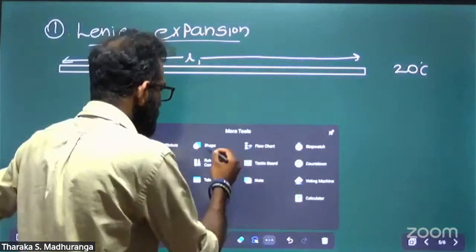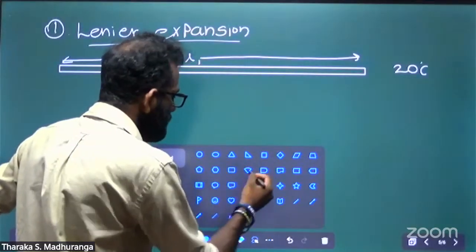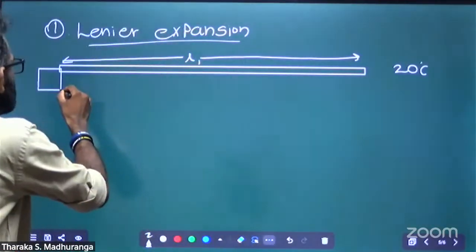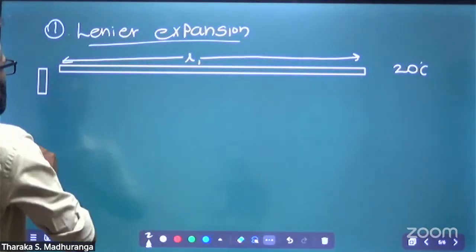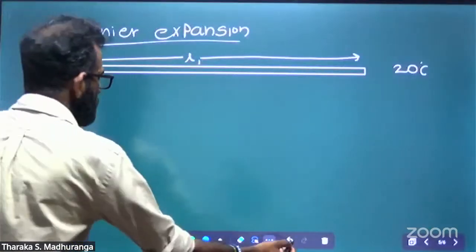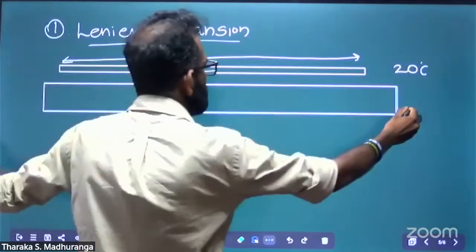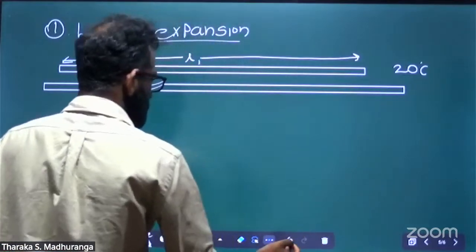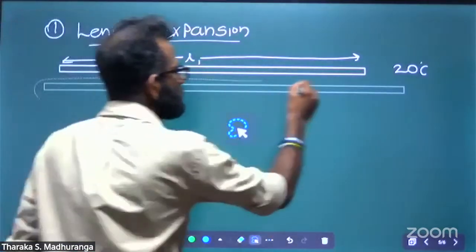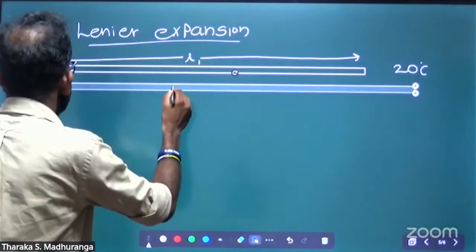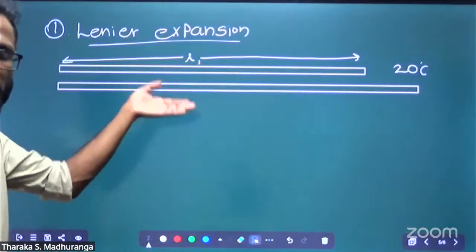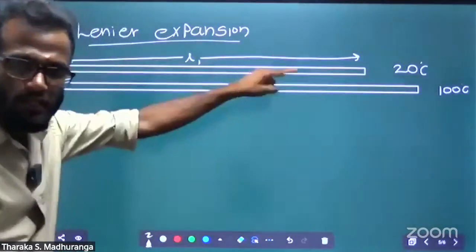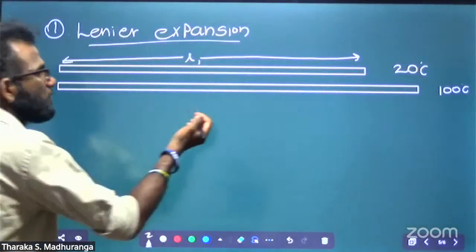Think when the temperature is increased up to 100 Celsius, theta 1 and theta 2, I will explain later.